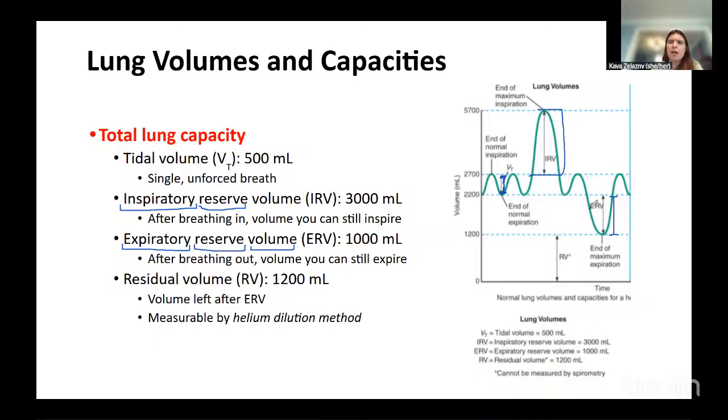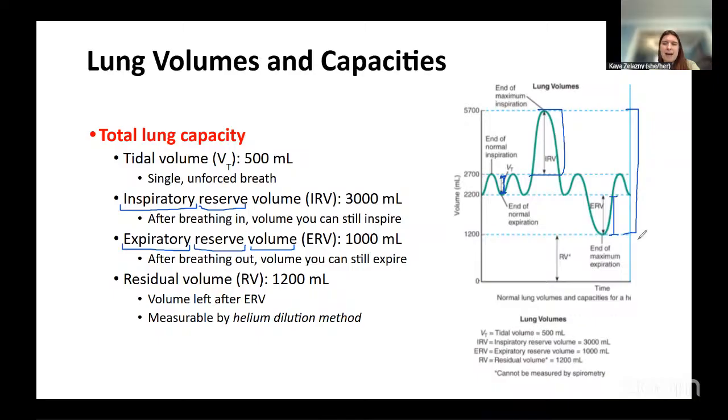Yeah. You'll notice, though, that these three together, your tidal volumes, that unforced breath, your inspiratory reserve volume, so that extra you can breathe in, and even if you breathe all the way out, that expiratory reserve volume, that's not our full graph, right? We didn't start any of that at zero, right?